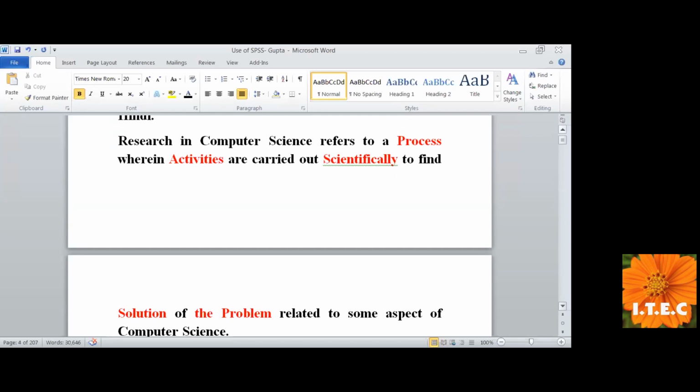Any participant want me to give the definition of research in any subject, please let me know. Otherwise, I have given enough examples. Any question, any participant like to ask?